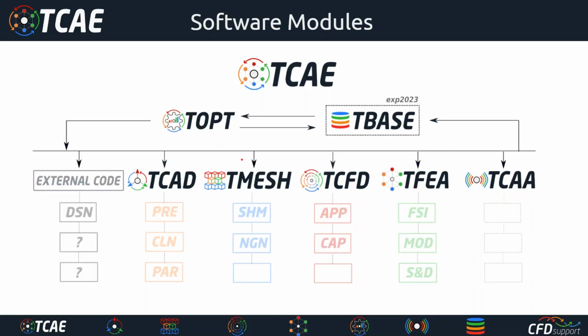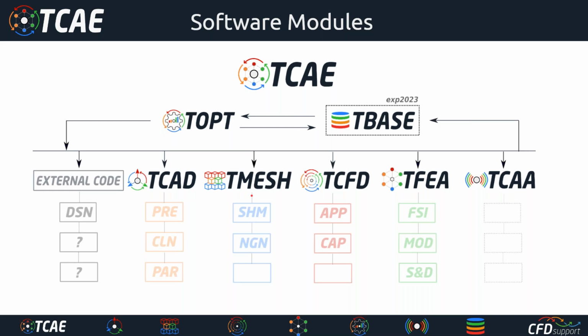Technically we can say that TCAE is a set of software modules which are relatively independent of each other, but of course they work best when they work together. It's a set of software modules for geometry creation, for mesh creation, for CFD, for FEA, for acoustics, and for optimization, and all of that can be run in a loop, or just individual modules can be run.